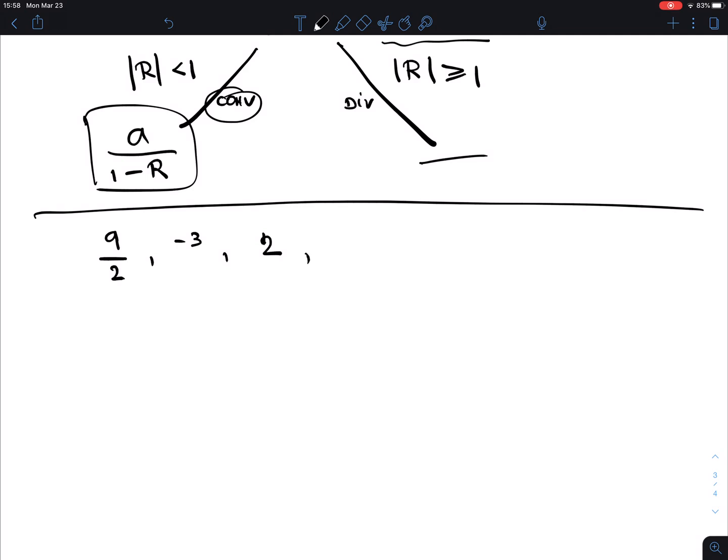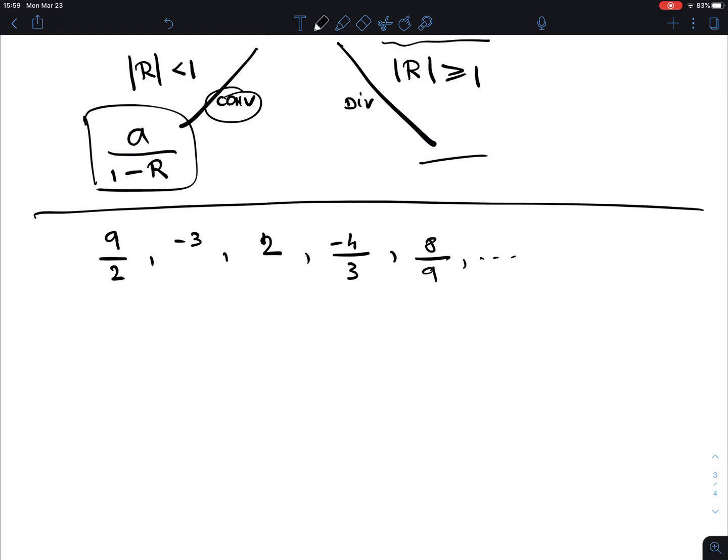Give me a second, I have to make sure that I don't make a mistake. Okay, and then the next one will be minus 4/3, and then I'll do one more for you, 8/9, and so on. I'm claiming this is a geometric sequence. Of course, it's much harder to see with fractions like that.